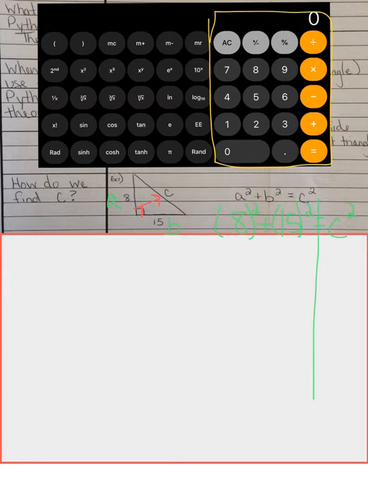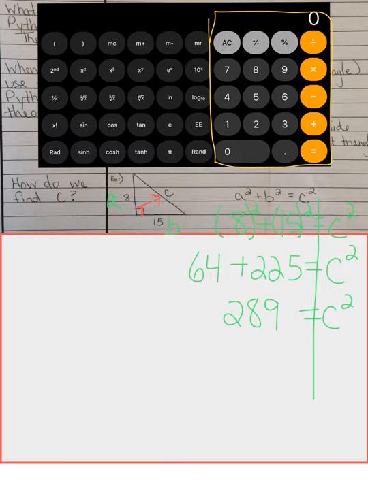So 8 times 8 is 64, plus 15 times 15 is 225, and that equals c squared. Still don't have just plain old c. We go ahead and add those two numbers together, and we have 289 equals c squared.